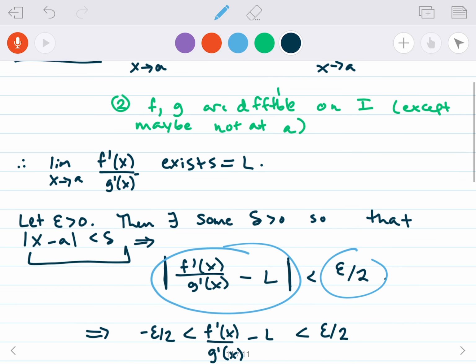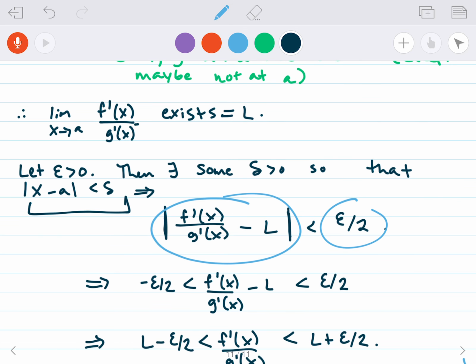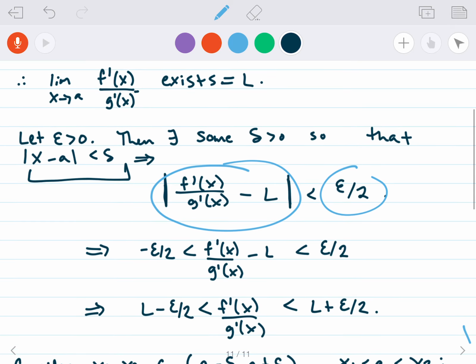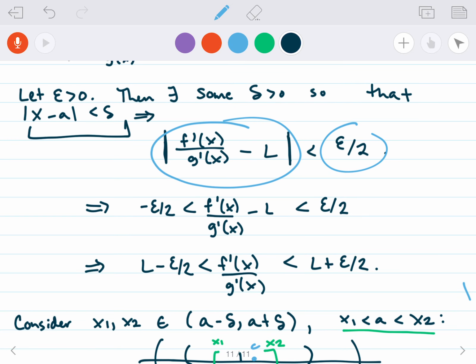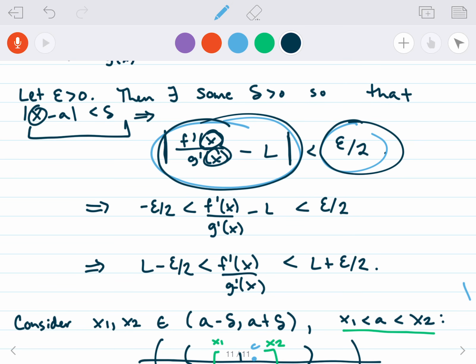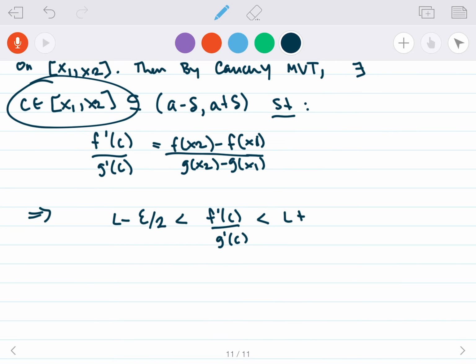Sometimes these definitions get crazy and I get lost, but let's make sure we're on the right track. Okay, I think we said everything correctly. Whenever x is in this neighborhood, f prime of x over g prime of x is going to be in this neighborhood here. So just applying c here, we get that result. So yeah, we're good.